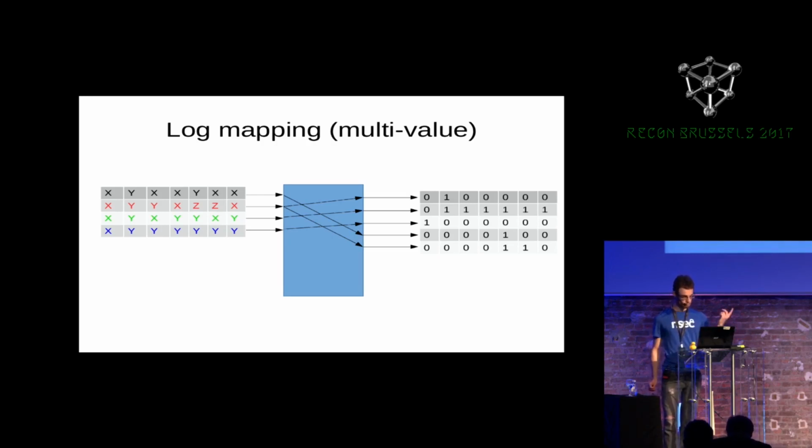So from here, you see this point here has 3 values. So it needs at least 2 bits to be able to encode all these states.